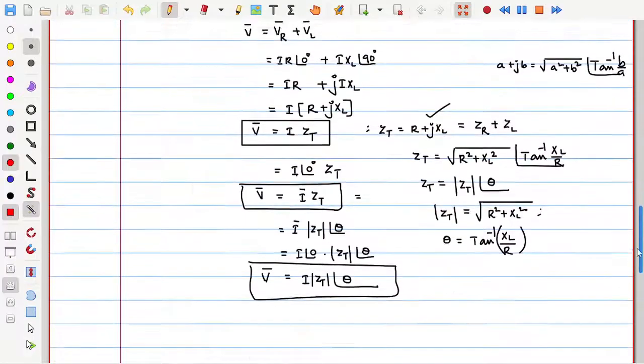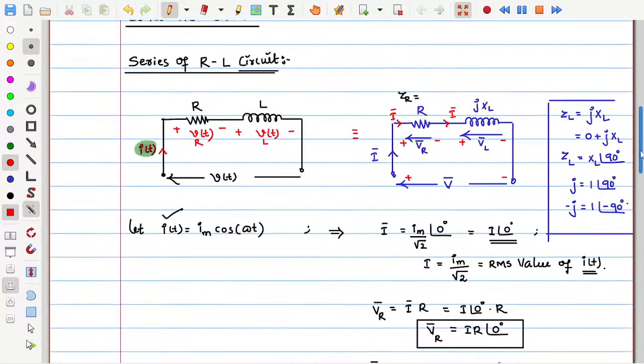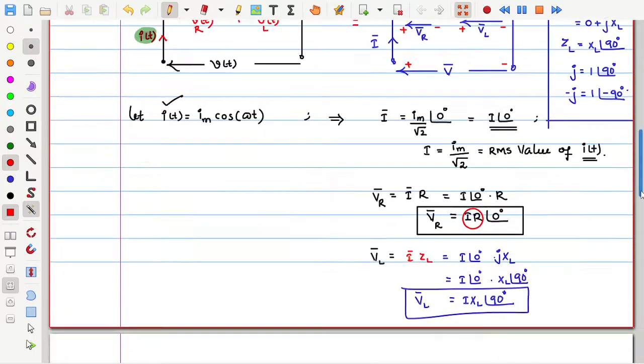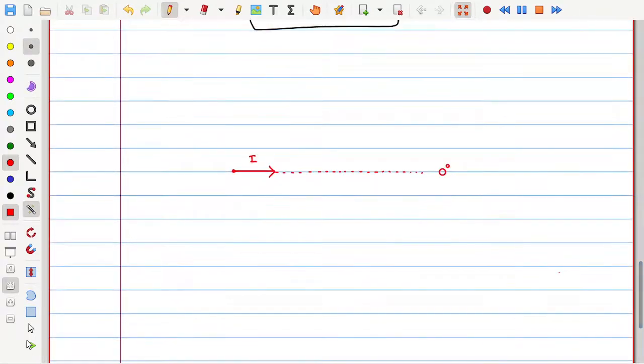Now next, I will try to plot the voltage across the resistor, which is I into R, and it will have the same phase angle. See here, VR is equal to I into R as the magnitude. How much is the angle? 0. So let me draw that. I into R means definitely a little longer than I. This is what I into R. So what does it represent?